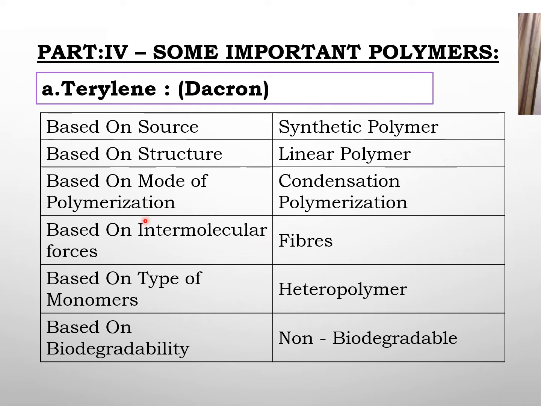Then based on intermolecular forces, it is a fiber. Then based on type of monomers, it is a heteropolymer because it is prepared from two monomers, and based on biodegradability, it is non-biodegradable. It cannot be decomposed by the microorganisms.